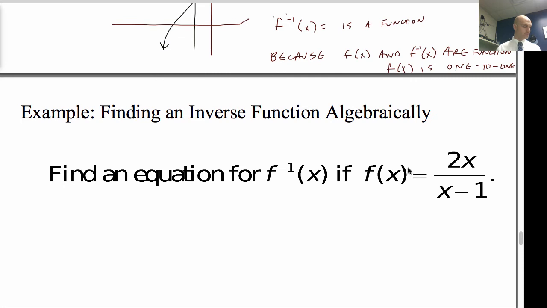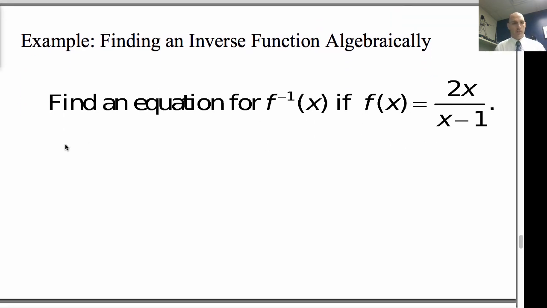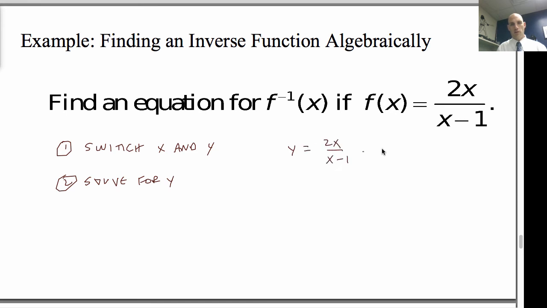So here we go. If I'm going to find the f inverse, if f of x is equal to this, my first thing is to switch x and y. And number 2, solve for y. So here we go. If I switch x and y, so for y equals 2x over x minus 1, that would mean that I have x is equal to 2y over y minus 1.